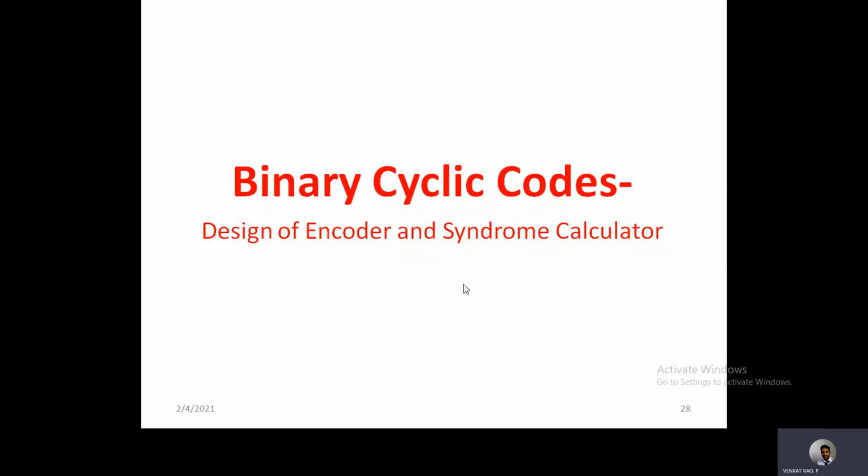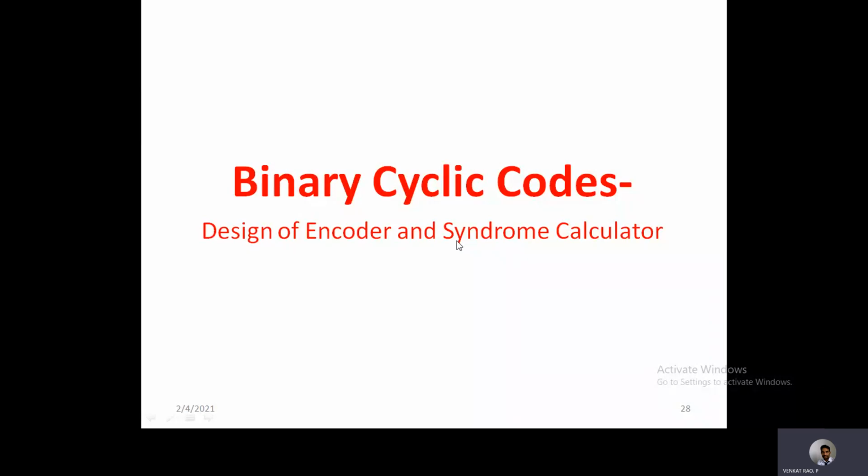Hello everyone. Today in this lecture session, I am going to discuss the most important topics under cyclic codes, that is, how to design the cyclic encoder based on the shift register circuit, and how to find the codeword by using that encoder circuit operation.